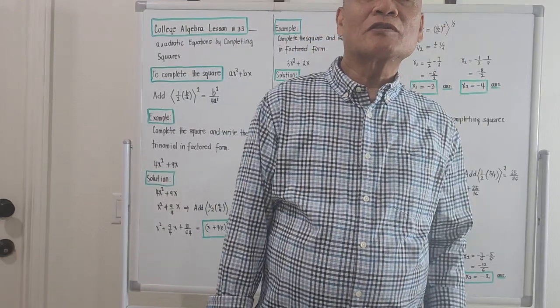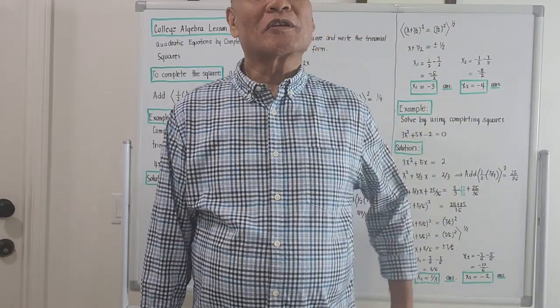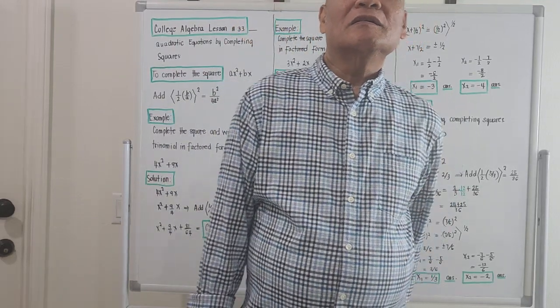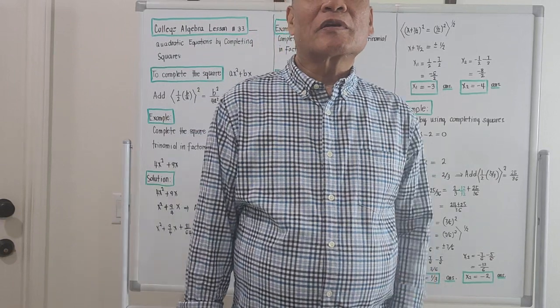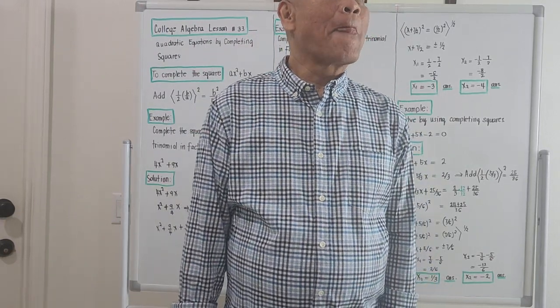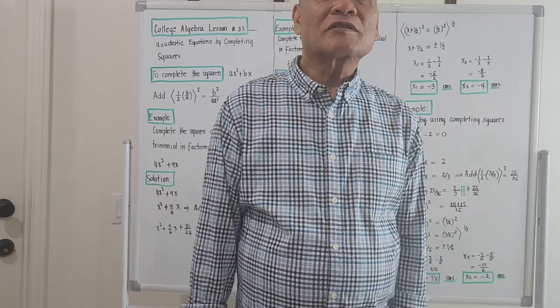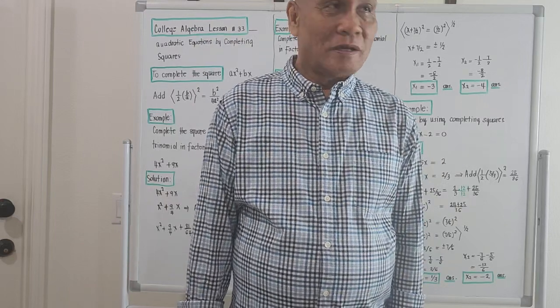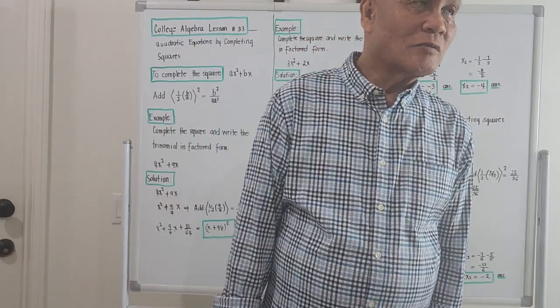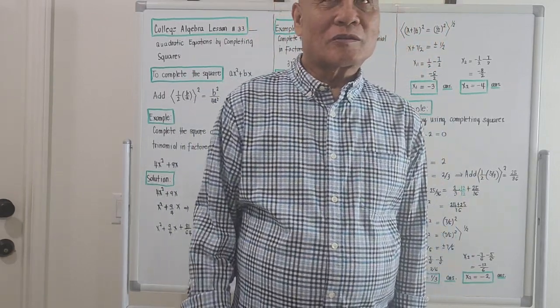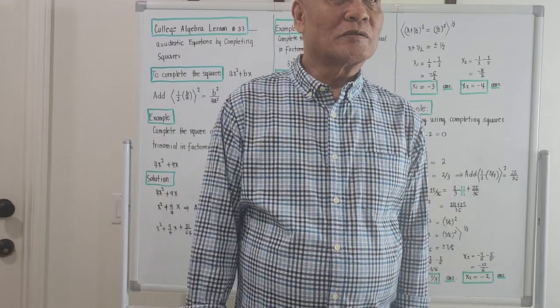That will be an application of the so-called special products in factoring. And the second solution prior to that is a solution by extracting square roots. But this third solution, by completing squares, is just similar to the second solution.